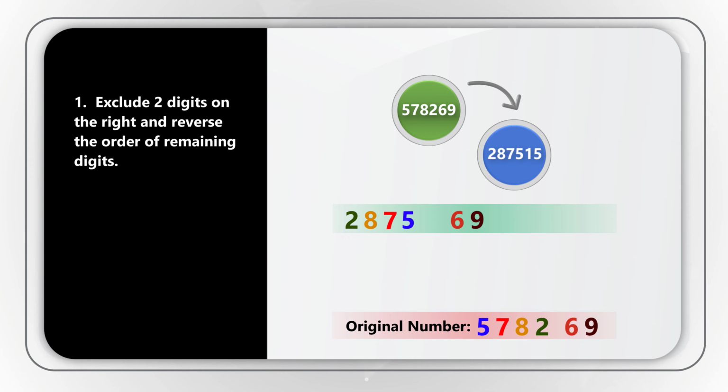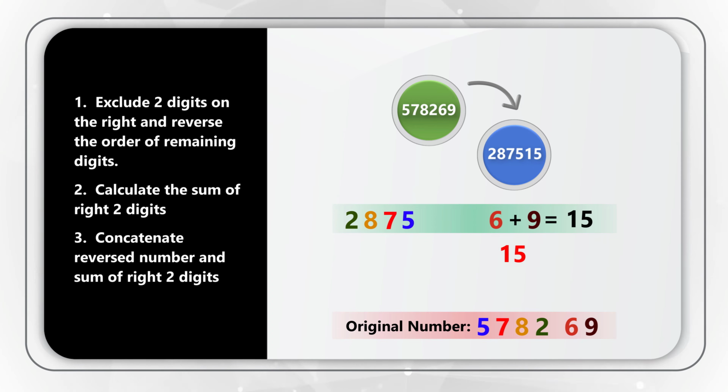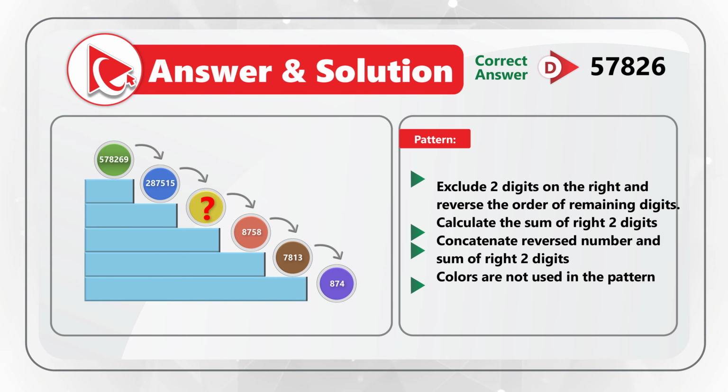And the calculations are very simple. We basically add 6 plus 9 and end result of it is 15. Then we concatenate 2875 and 15. So the end resulting number is 287515. As the ball continues rolling, we repeat the calculations and get to the answer of D, 57826.